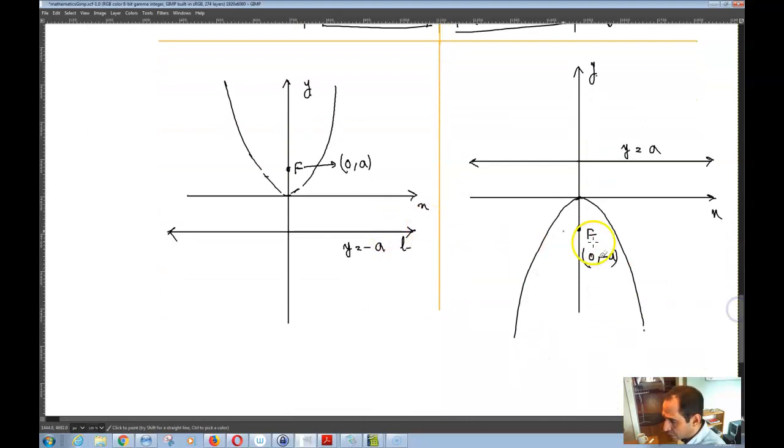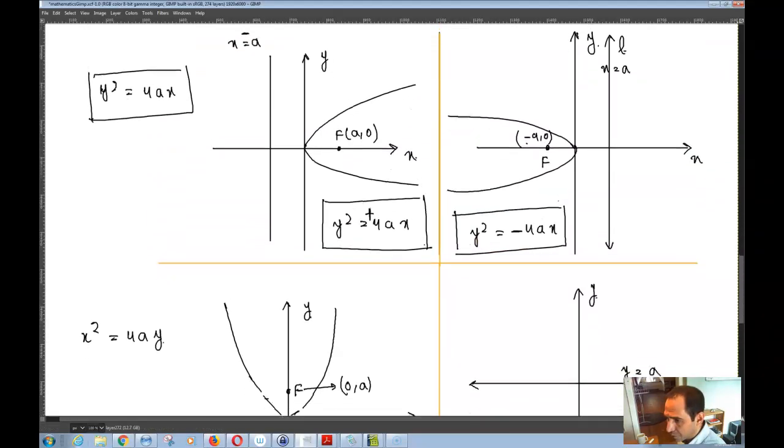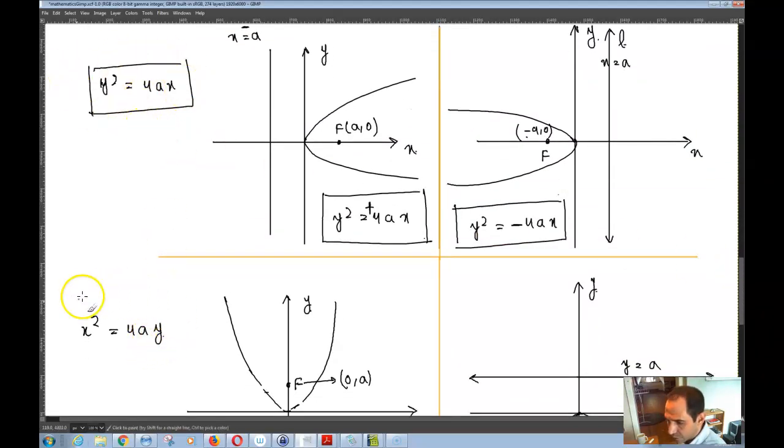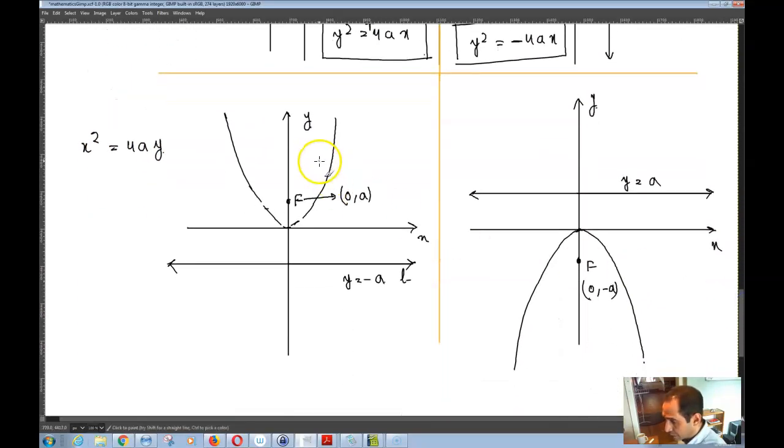Now when it comes to these two configurations, the equation changes a little bit, and in this case you have x squared instead of y squared: x squared is equal to 4ay. So over here we had y squared is equal to 4ax, and over here we have x squared is equal to 4ay. If the parabola is opening upwards, your equation is going to be x squared is equal to positive 4ay.